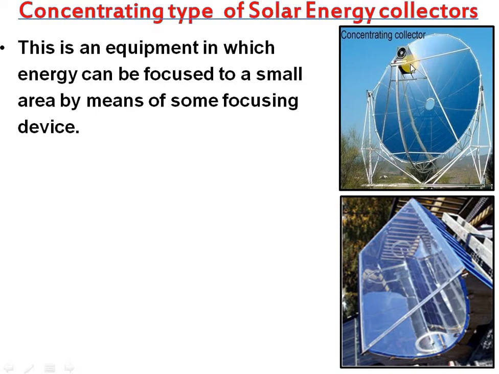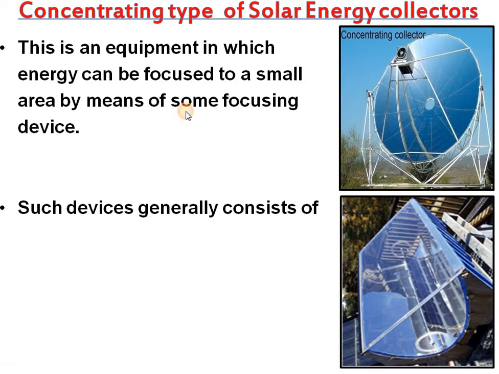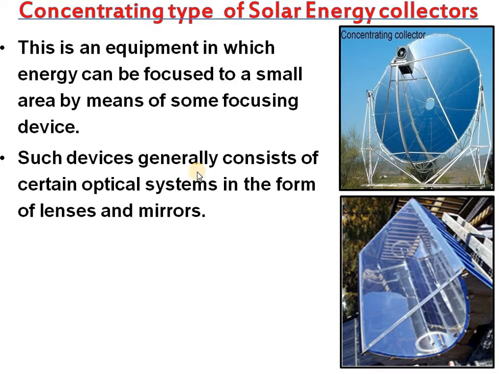In the area of focusing, the temperature will be very high. And how is this done? This is usually done by using lenses and mirrors. Lenses and mirrors are used to focus the light to a small area.